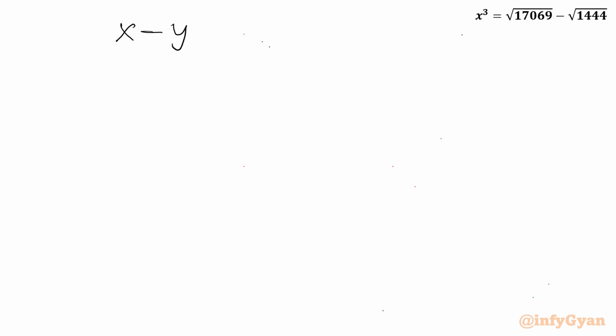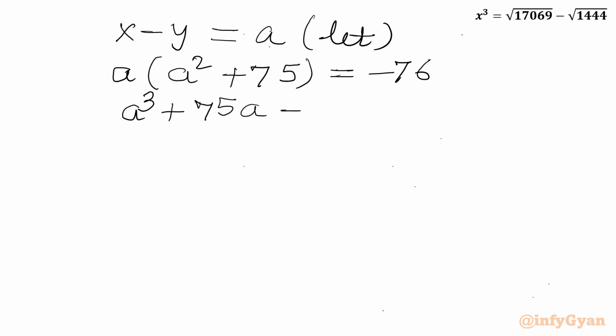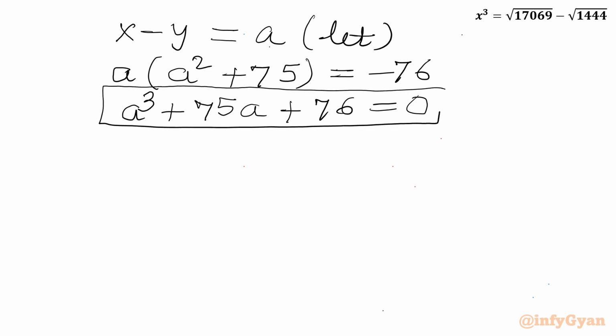So I will write x minus y equal to A. Then I can write A times A square plus 75 equal to minus 76, or A cube plus 75A plus 76 equal to 0. Now this is one cubic equation in A, and A was x minus y.